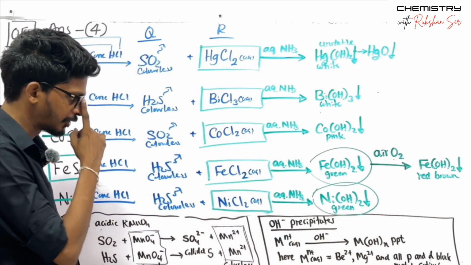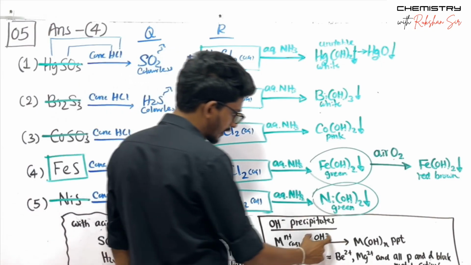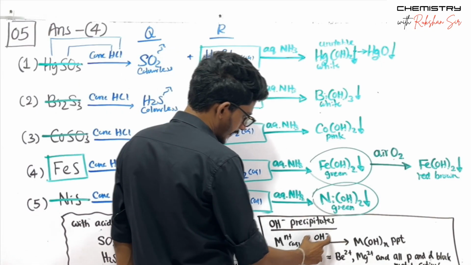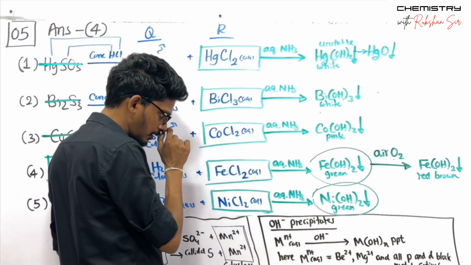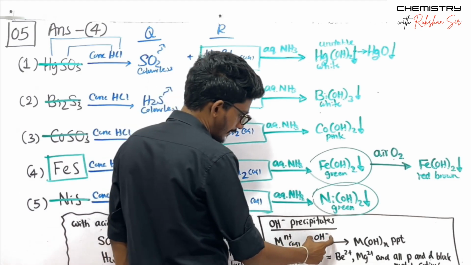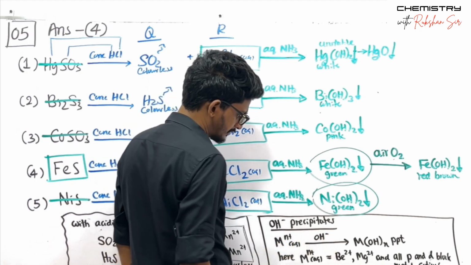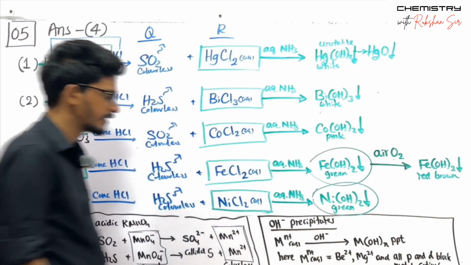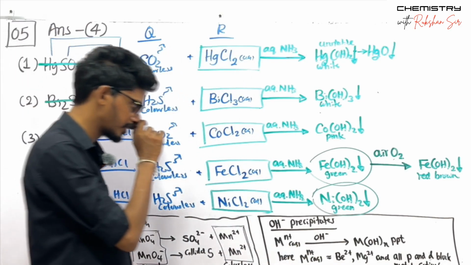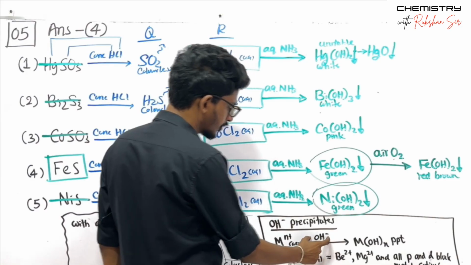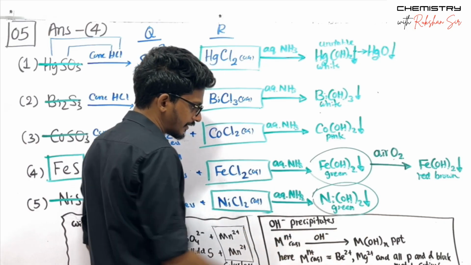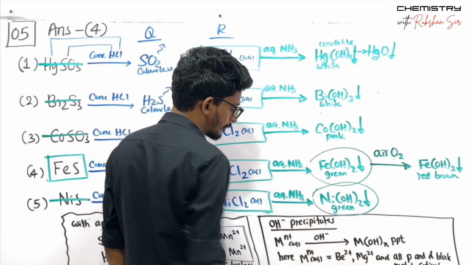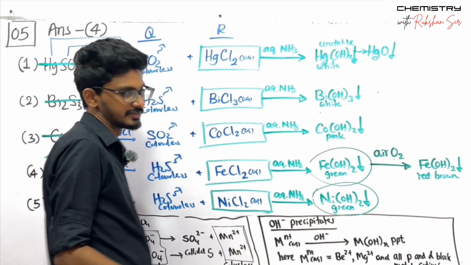To precipitate these hydroxides, this OH minus can be provided by strong bases like NaOH, KOH, Ba(OH)2, or you can use weak bases like ammonia. Sometimes sodium carbonate also can be used, right? Weak bases are also capable of providing OH minus ions to the medium, which will also provide the precipitate.